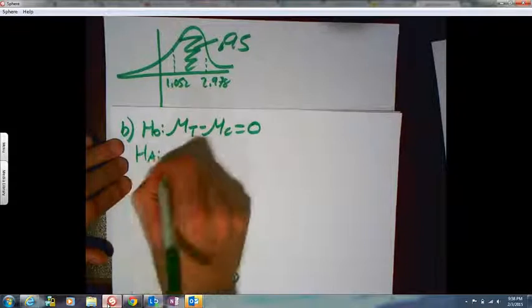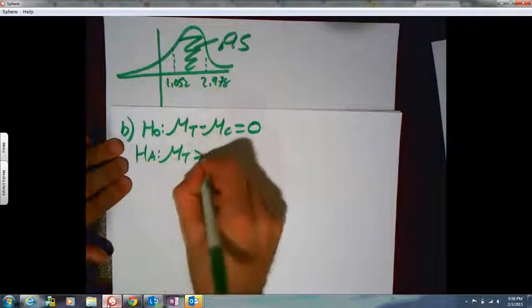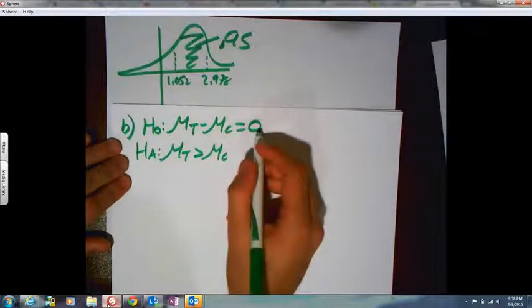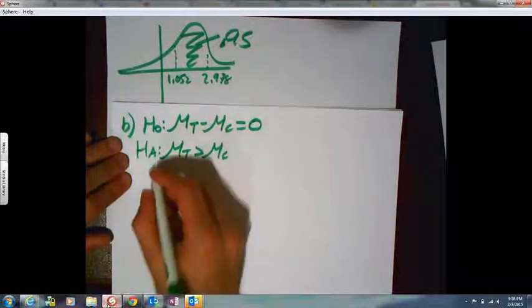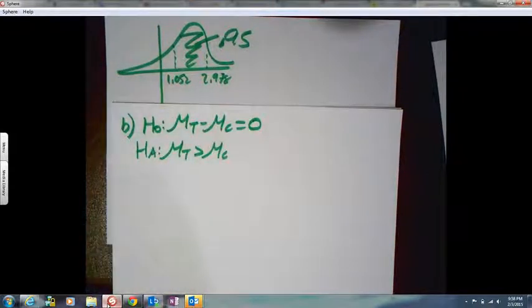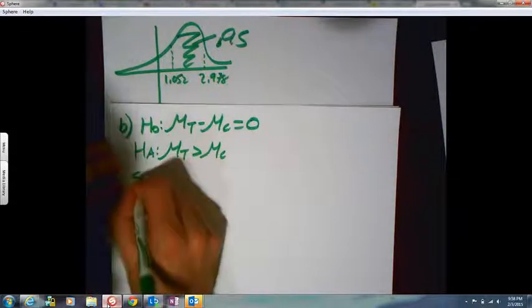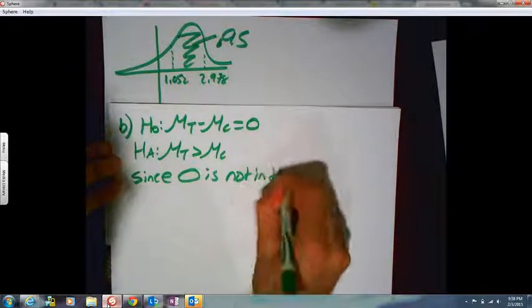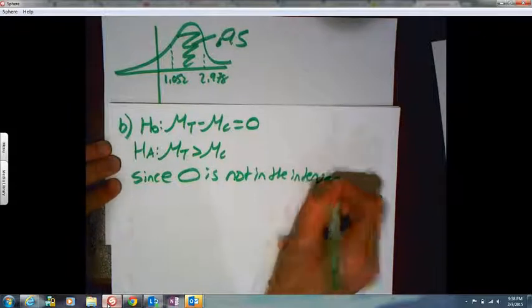Now, 0 is outside this 95% interval, so the probability must be below 5%. So since 0 is not in the interval, the p-value of 0 must be below 0.05.